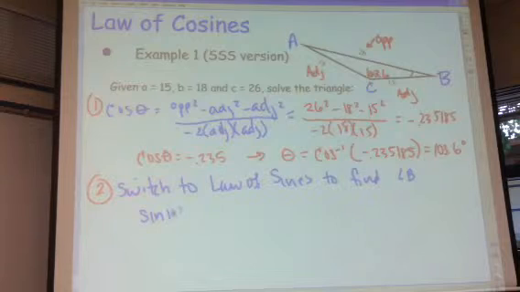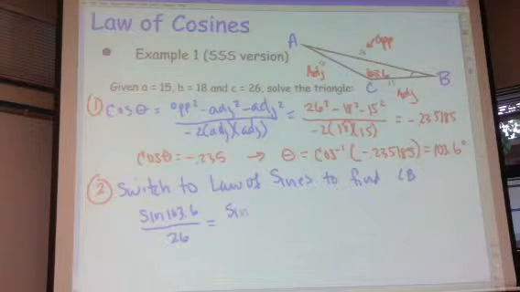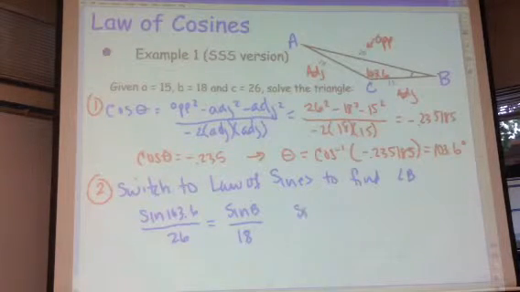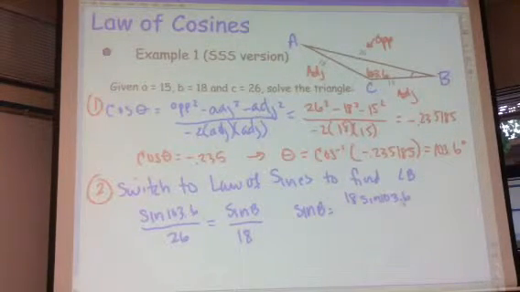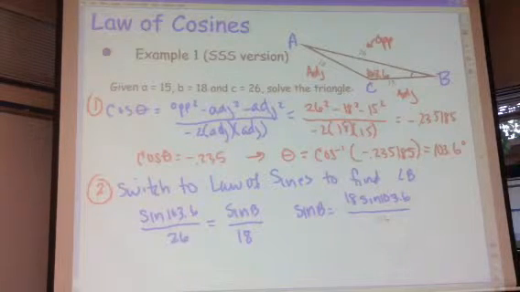Sine of 103.6, and its opposite side is 26 because that's what I have. And then I don't have B, but I have the sine of B over its opposite side at 18. Well, my sine of B then is equal to 18 times the sine of 103.6 all over 26.